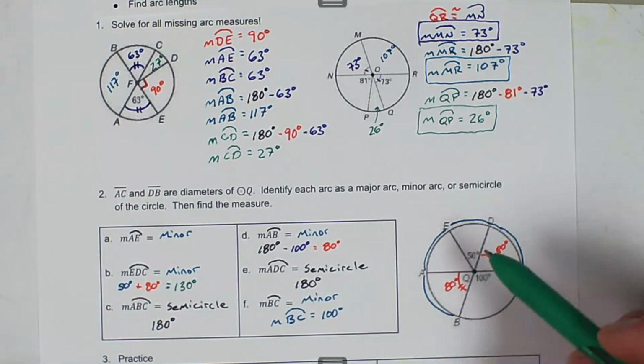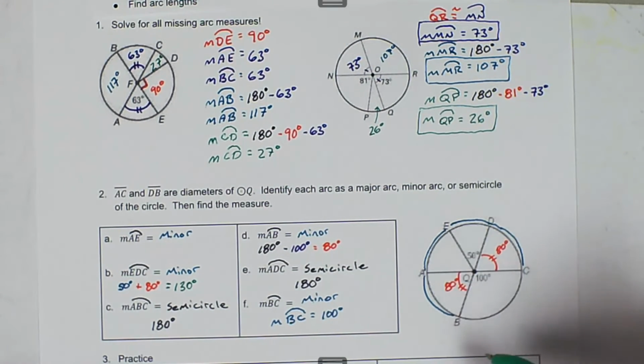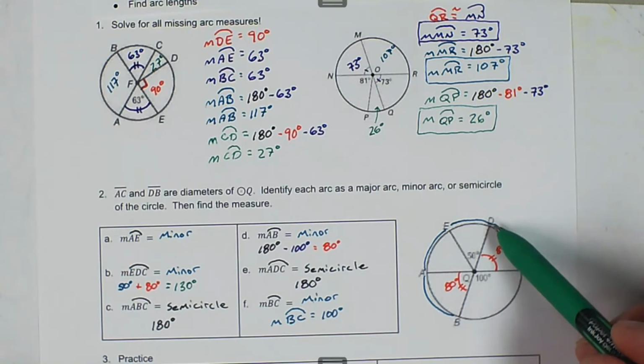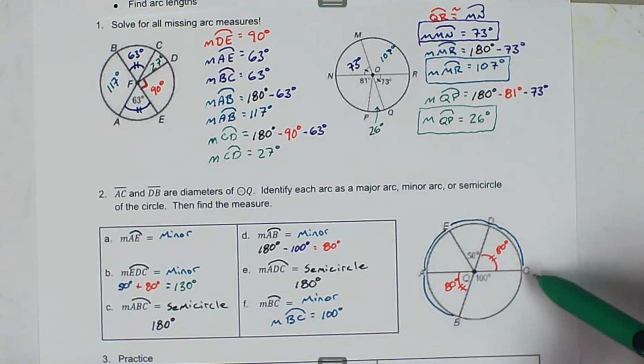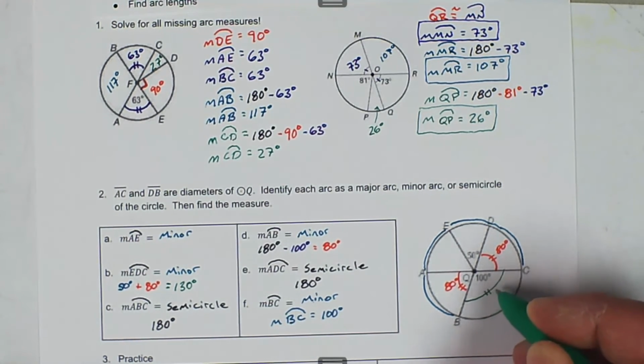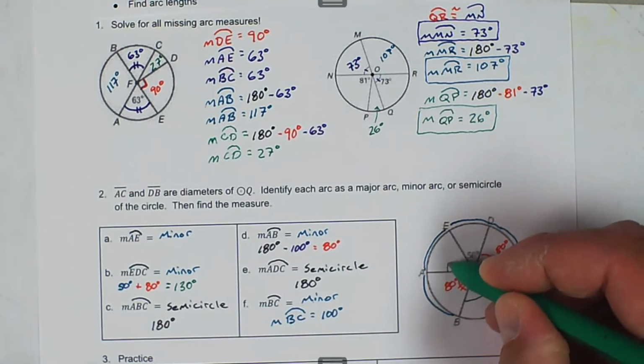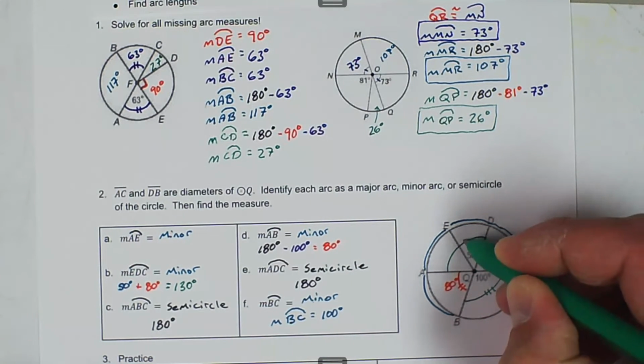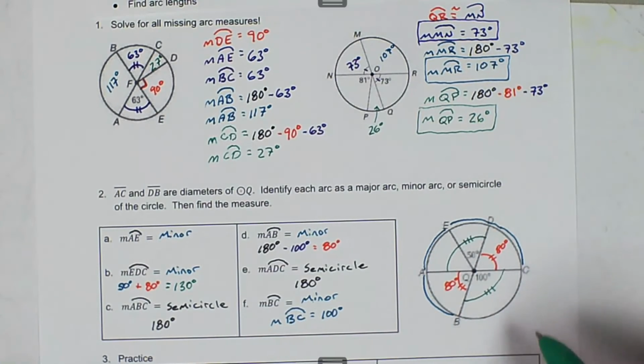And our last one, AE, is right there. So BD is a diameter and AC is a diameter. So our angle and our arc right here have to be congruent.